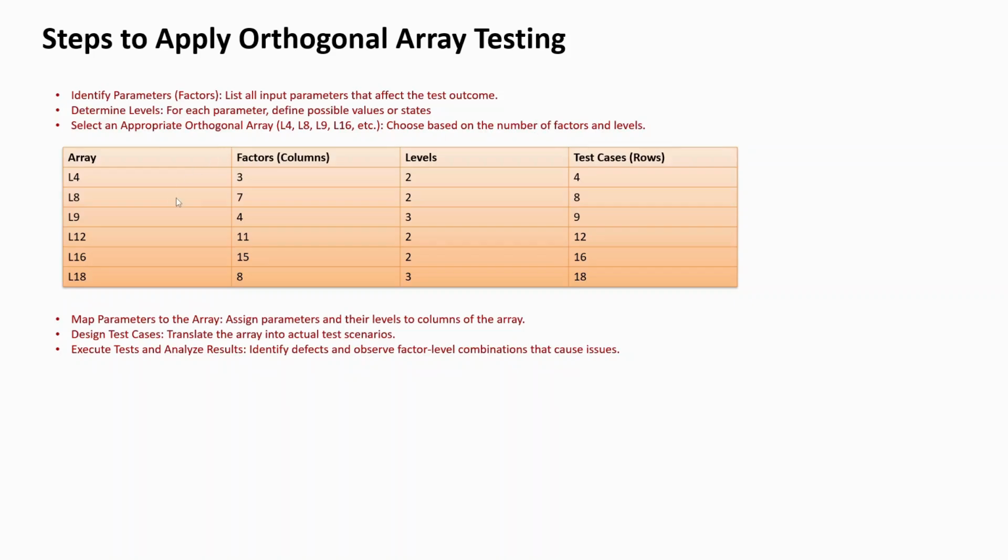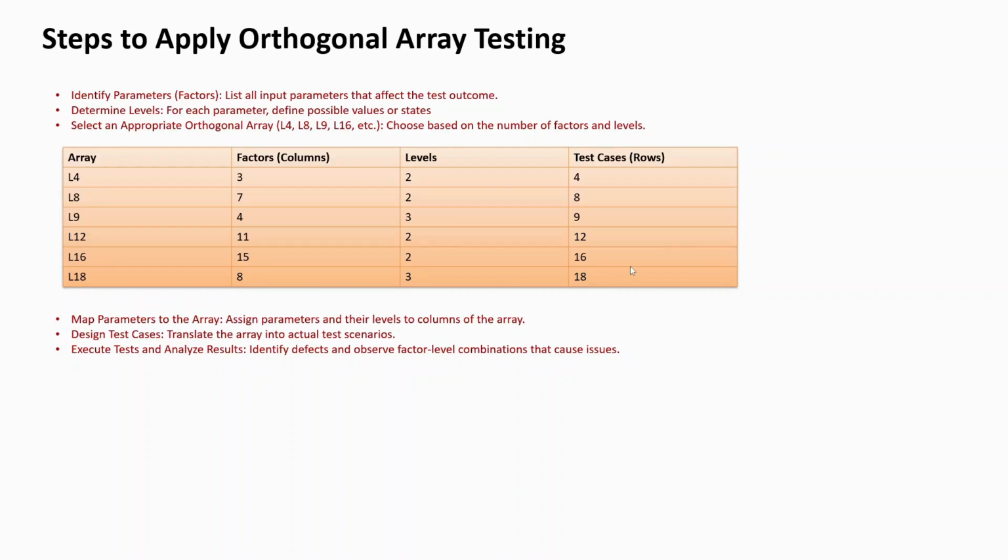Then the third step is to select an appropriate orthogonal array. There is a ready-made orthogonal array available, which depends upon the number of input parameters and the levels. So you have to select an appropriate orthogonal array like L4, L8, L9 or L16, etc., chosen based on the number of factors and levels.